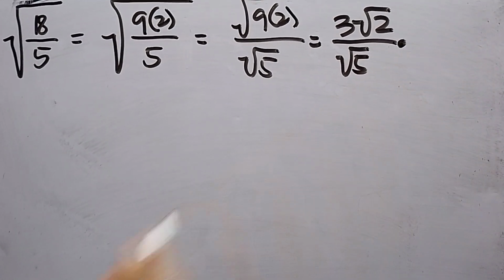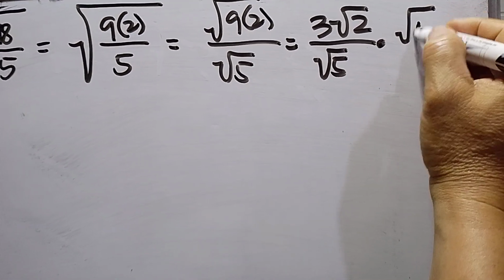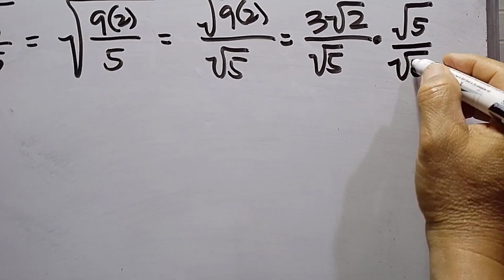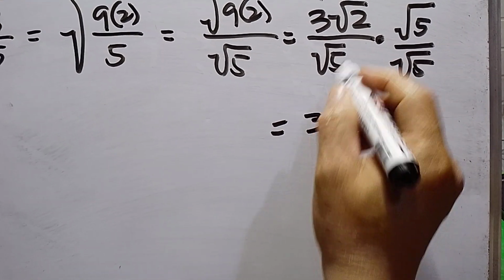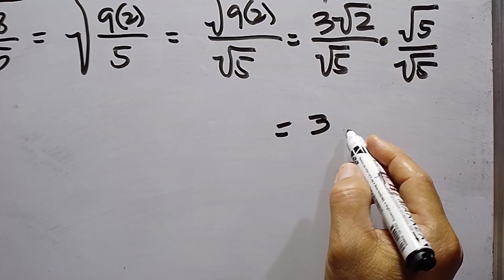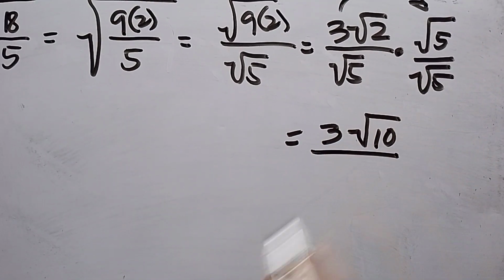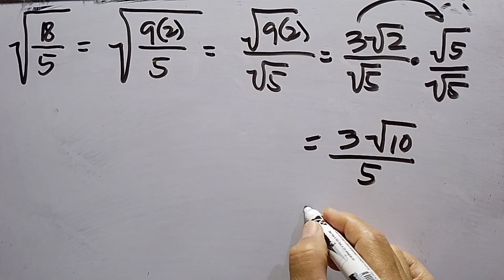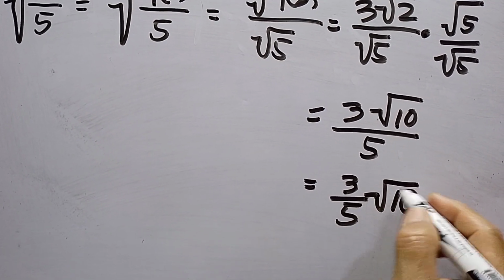To rationalize, multiply square root of 5 to the numerator and denominator. Square root of 2 times square root of 5 is square root of 10. Square root of 5 times square root of 5 is 5. So the answer for number 6 is 3 over 5 square root of 10.